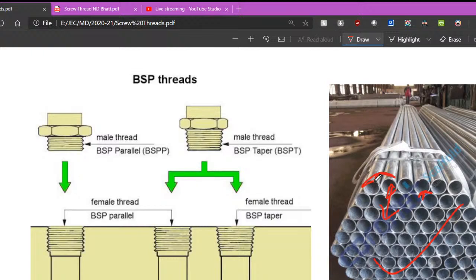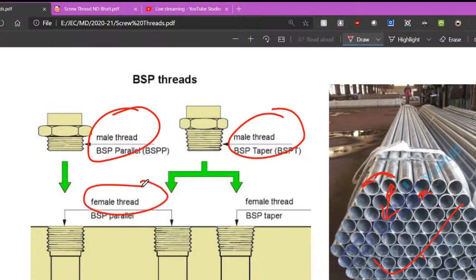So when you cut external thread on the outer surface, it becomes male thread, and when you cut internal thread inside the pipe, then it becomes female thread. And since you are cutting according to the standard, you will use the BSP, that is British standard pipe thread.